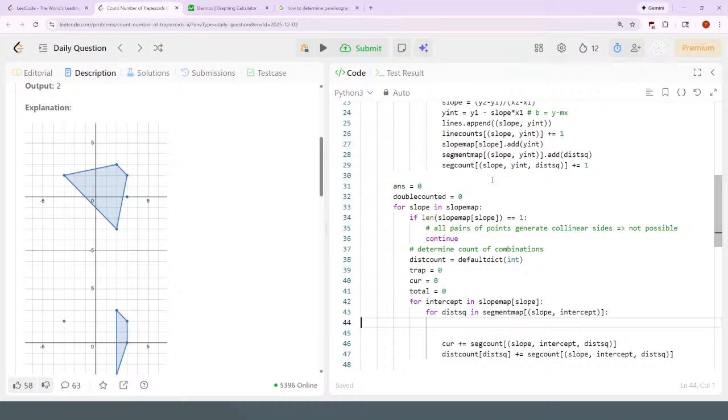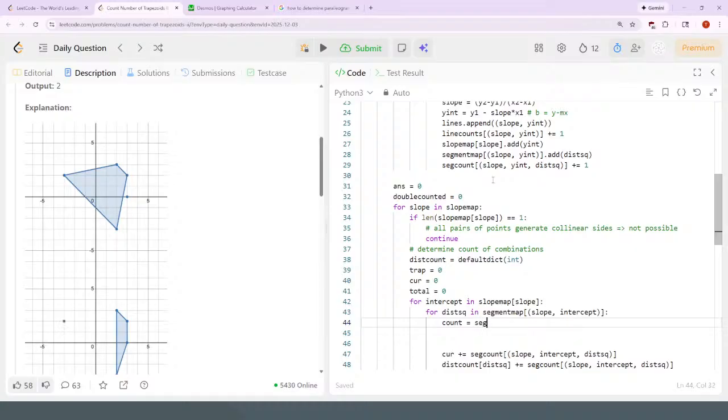And then the main thing is going to be the number of trapezoids should increase by the number of ways to get. I just need to know the current count related to this.